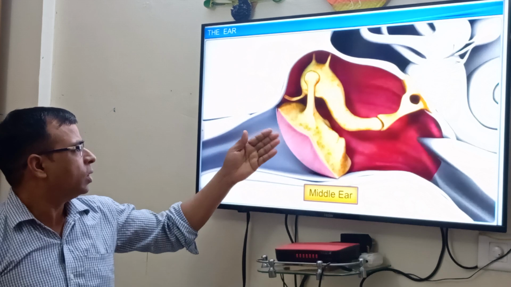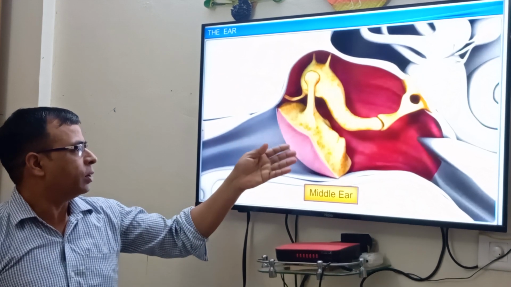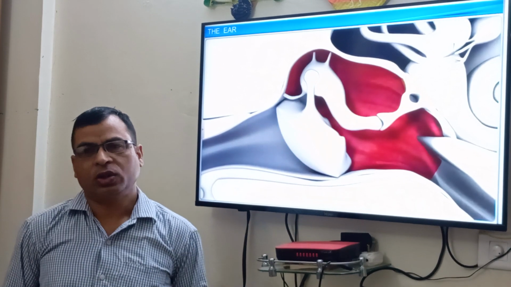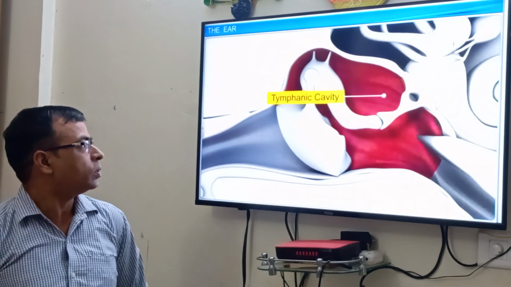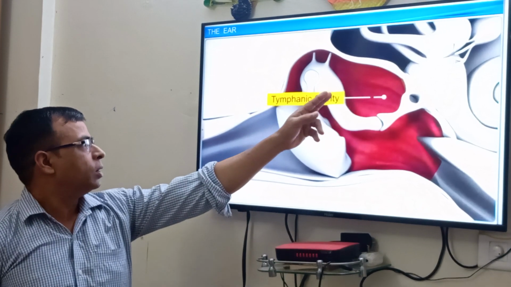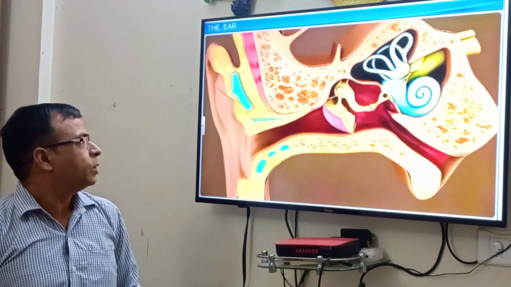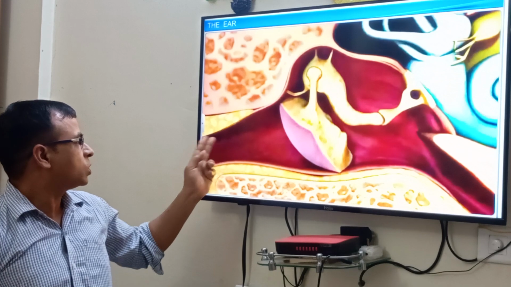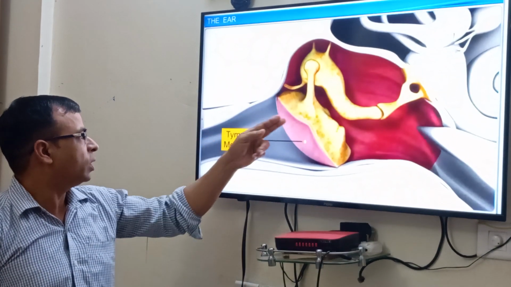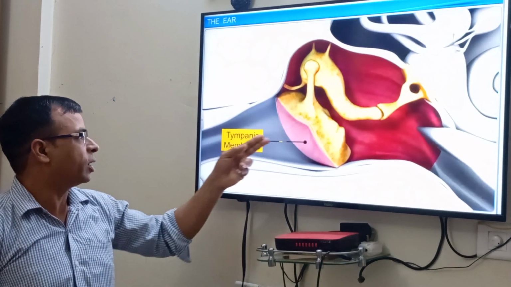This leads to the tympanic membrane, also called the eardrum, and this cavity is called the tympanic cavity or the middle ear cavity. So this meatus, or auditory canal, leads to the eardrum or tympanic membrane.